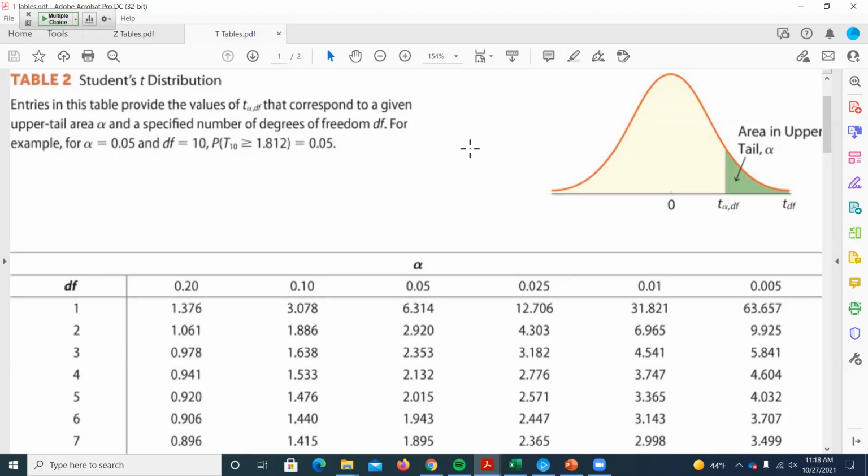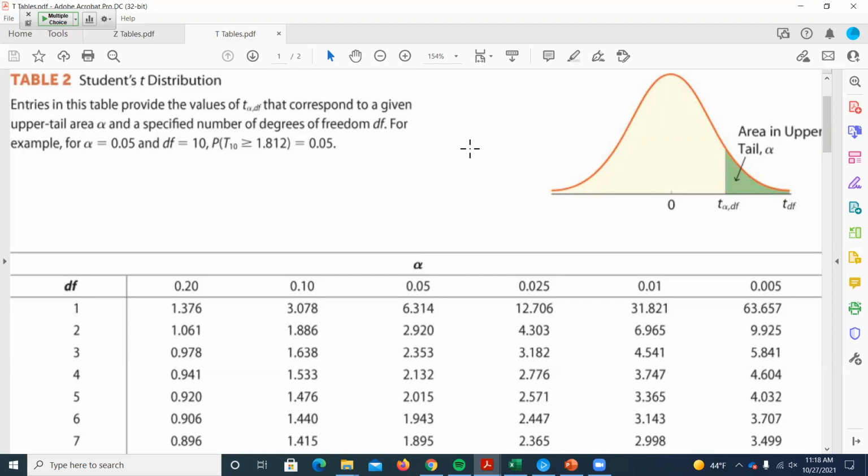It's symmetric, so if I wanted to look at the left side, these numbers would all just be negative. So if I wanted 0.05, actually, let's use 0.025 as the area in that tail, and I had degrees of freedom of, say, 6, the t-value that would give that area in the tail would be 2.4, which varies from 1.96.